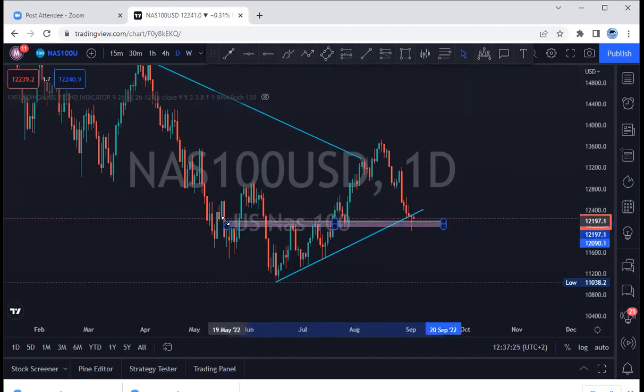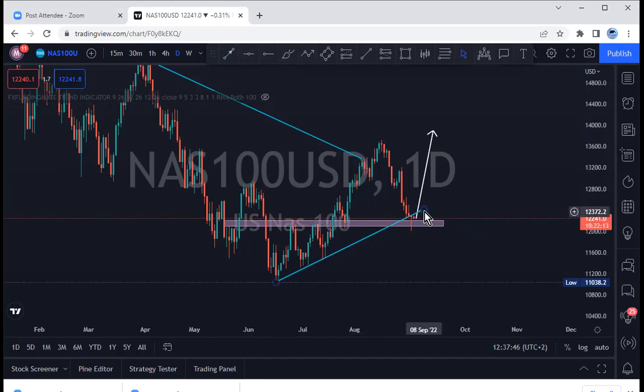So let's try to modify this and place it like this. What am I anticipating? I'm anticipating a move to the upside from here. Yes, we broke this trend line, but we are within a strong level of support.